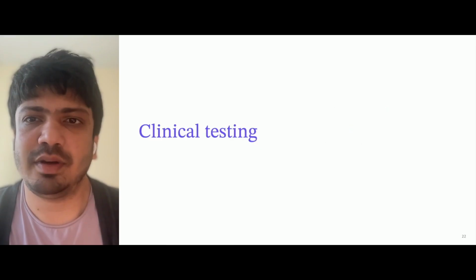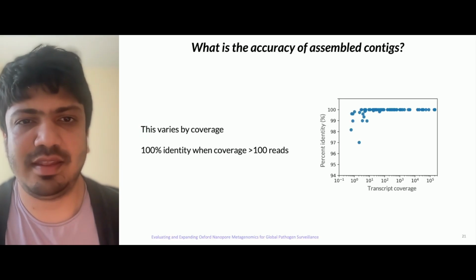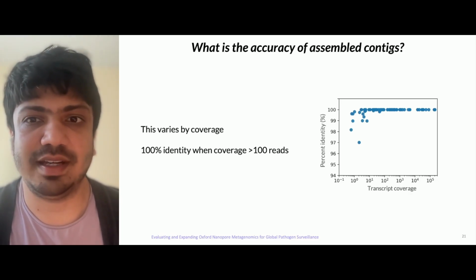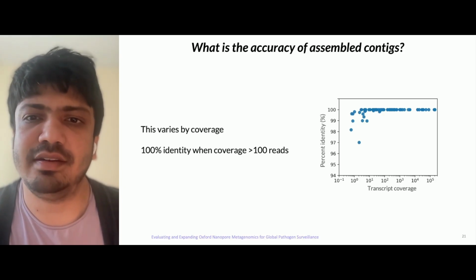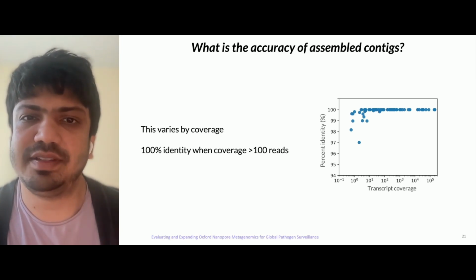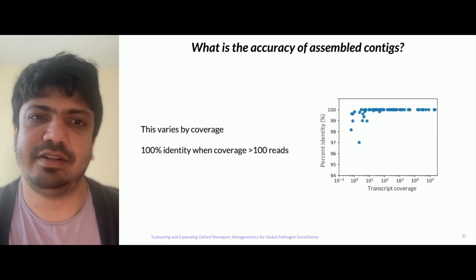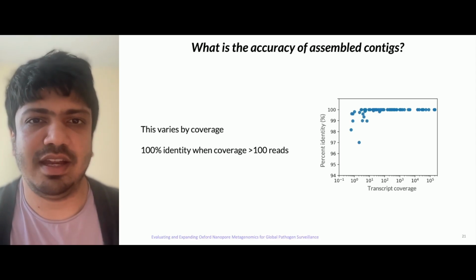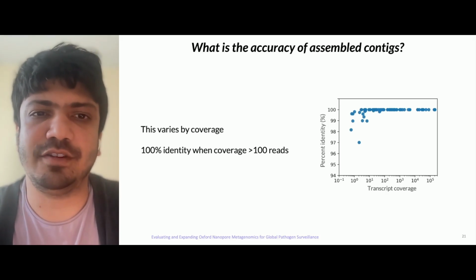What we observed here was that when the coverage was greater than 100 reads, we saw essentially 100% identity. Below that, we started to see drop-off, and especially with coverage less than 10 reads, we start to see the percent identity fall off a bit more. But at least again, this gives us something to aim for if we do care about the individual read accuracy: aim for at least a coverage of 100.